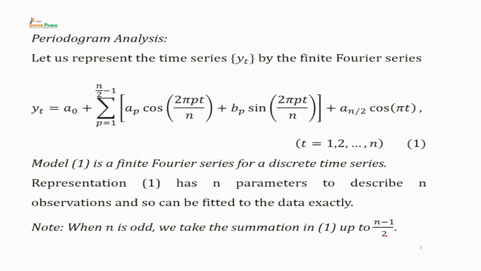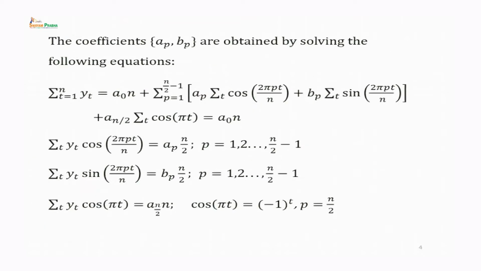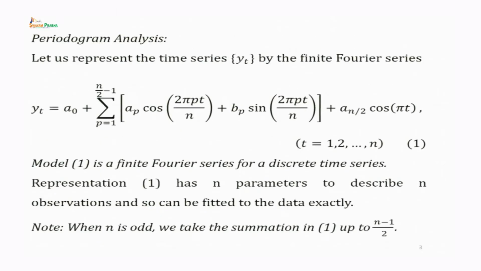So, next problem is to obtain the parameters a naught, a p, b p and a n by 2 using your observed time series. For that purpose we use the method of least squares, and then we obtain the normal equations. For this model, how do we get the normal equations? What is the coefficient of a naught here? It is 1. So, you multiply the entire equation by 1 and then you take summation from t equal to 1 to n.